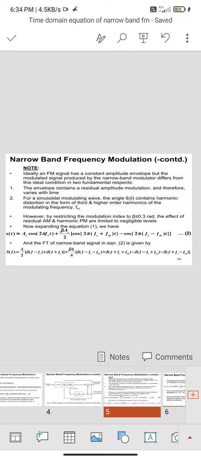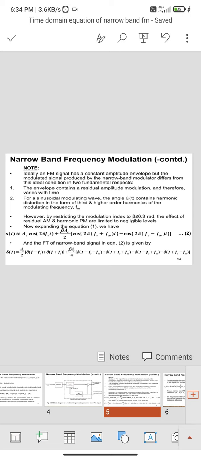For a sinusoidal modulating wave, the angle theta of t contains harmonic distortion in the form of third and higher order harmonics of the modulating frequency fm. However, by restricting the modulation index to beta less than 0.3 radians, the effects of residual AM and harmonic PM are limited to negligible levels.